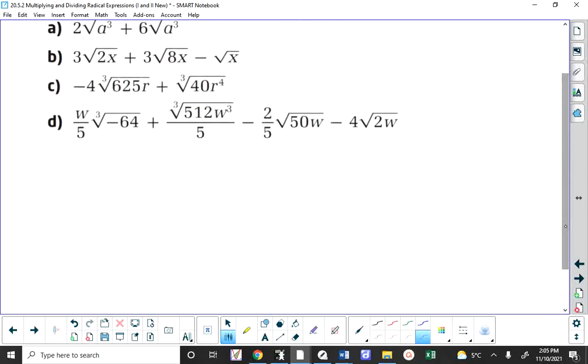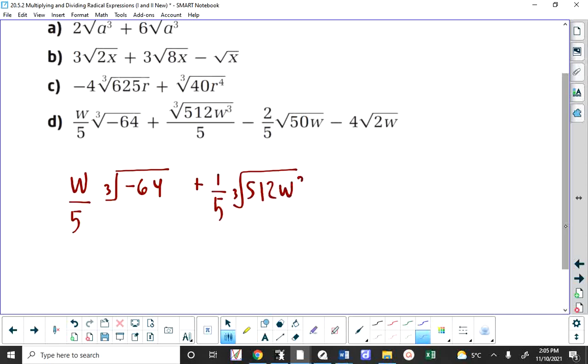So we have to simplify this, and all of a sudden it got quite complicated. It went away from numbers, and now we have fractions. And I'm going to rewrite this a little bit differently first. I'm going to write this as w over 5 times the cube root of negative 64, plus 1/5 times the cube root of 512 w cubed, minus 2/5 times the square root of 50w, minus 4 times the square root of 2w.